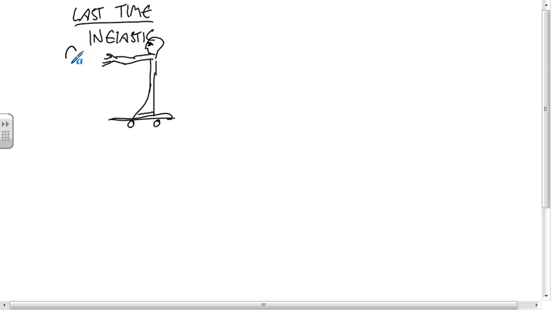And there was a ball coming in at 15 meters per second. The ball had a mass of 0.4 kilograms. The person had a mass of 50 kilograms.